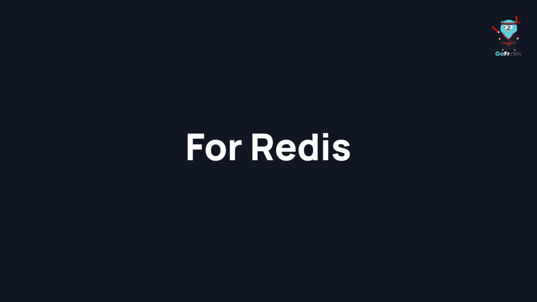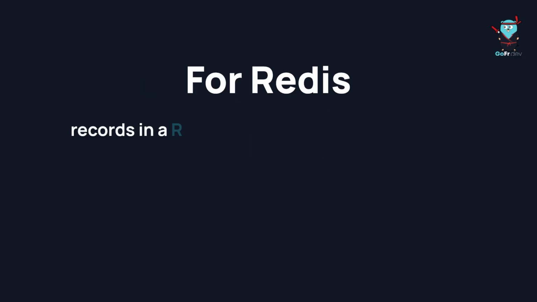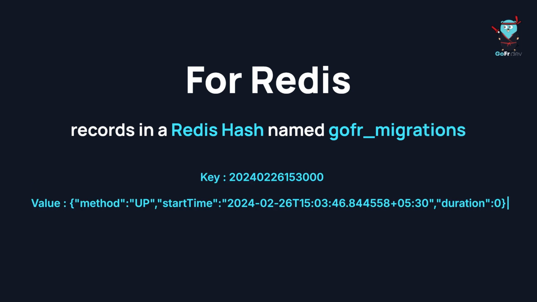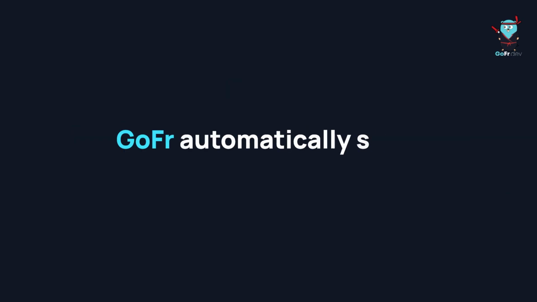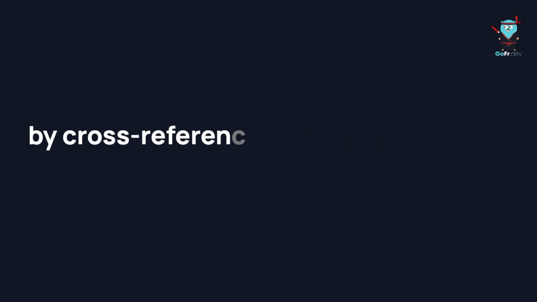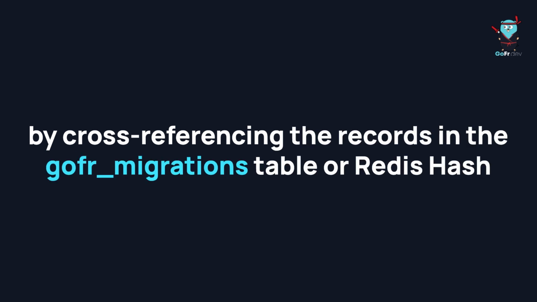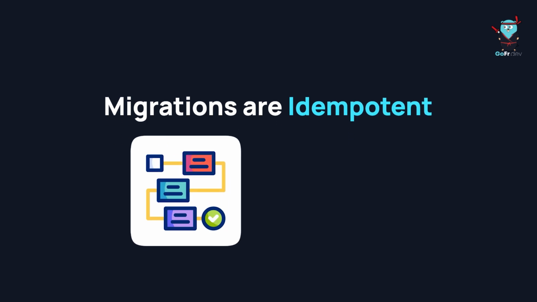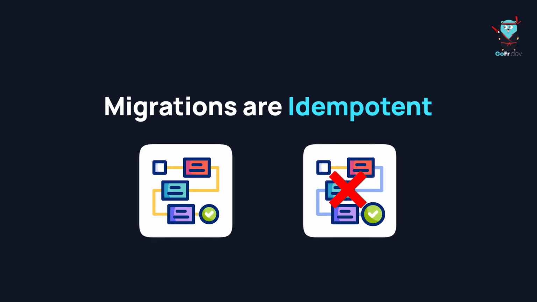And for Redis, GoFr maintains migration records in a Redis hash named gofr_migrations, where the key is the migration version and the value contains migration details in JSON format. So GoFr automatically skips previously executed migrations by cross-referencing the records in the gofr_migrations table or Redis hash. This ensures that migrations are idempotent, meaning the same migration is never applied twice.